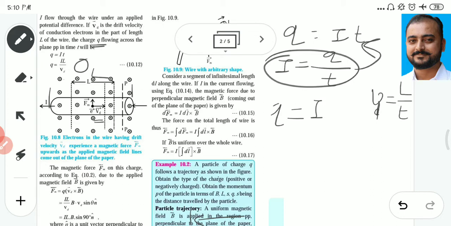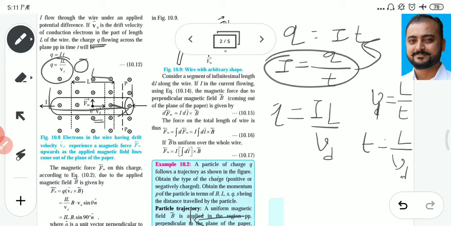What is the distance covered? That is the length of the conductor. So length of conductor divided by time is your drift velocity, and therefore we put the value of time t as t is equal to L divided by Vd. So L divided by Vd is the value of charge Q, which is shown here. That is your equation 10.12.